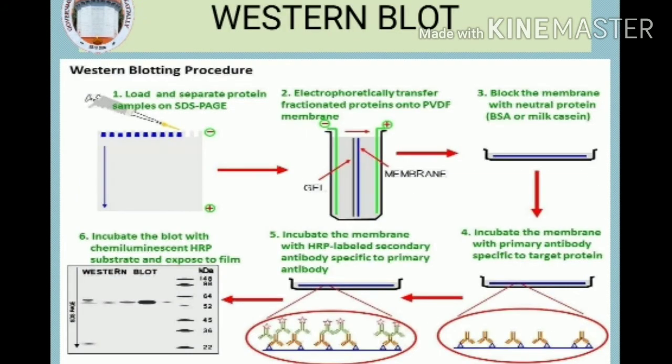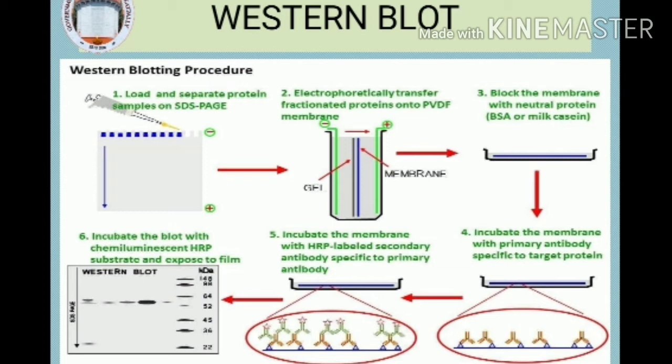Western blot is another important serological test used for diagnosis of bacterial diseases. How is the Western blot carried out? In the first step, antigens of the bacterial pathogen are separated on SDS-PAGE, sodium dodecyl sulfate polyacrylamide gel electrophoresis.